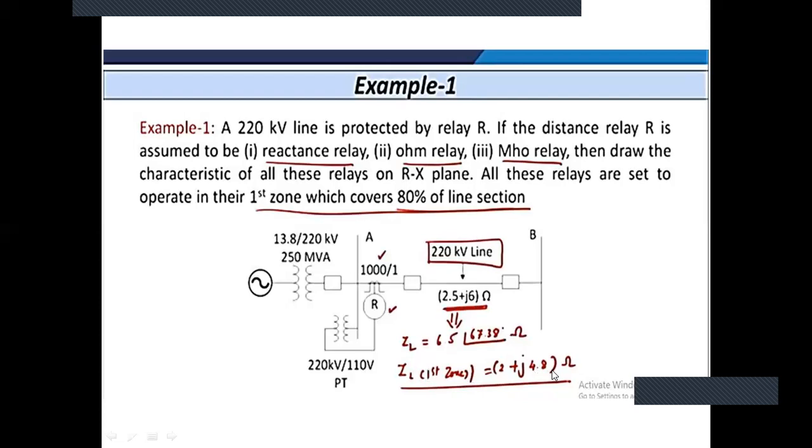This is 80% of the whole line. So we have the impedance in the first zone. Now let us draw the characteristics of the relay. First, we will consider the characteristic of the reactance relay. The value is 2 plus j4.8.